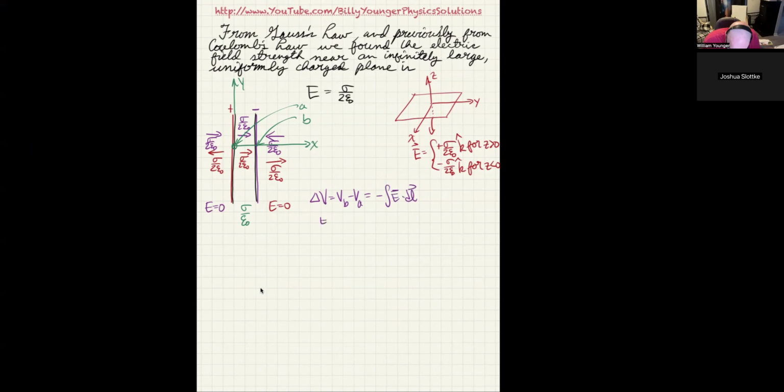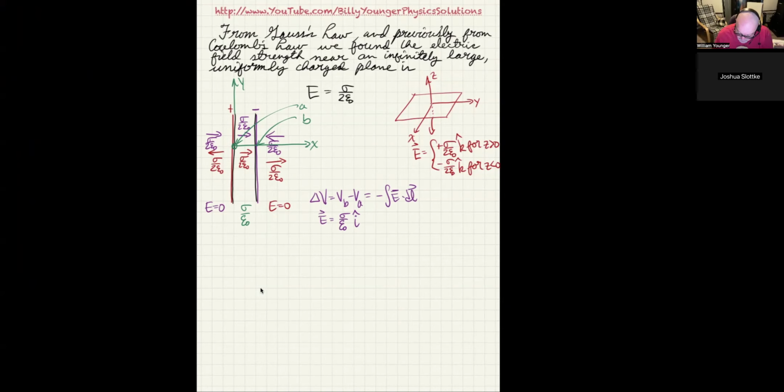The E is just a constant, sigma over epsilon naught, but it's going to point to the right, which is the i hat direction. Now, the dl, this is where we have to decide. Since we're doing a line integral, we have to be very careful and make sure we choose our directions properly.